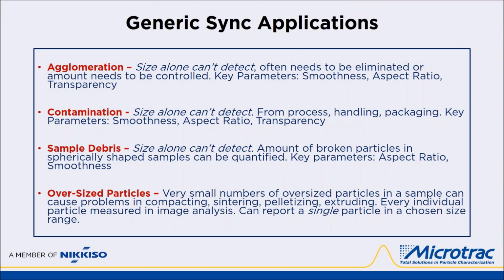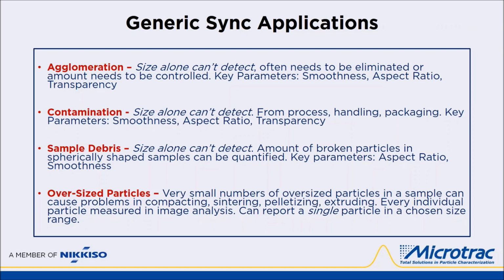The previous slide focused on specific applications known to require size and shape measurements. But generically, all applications of particulate systems share the same problems, which can be readily identified and quantified by a combination of size and shape properties.